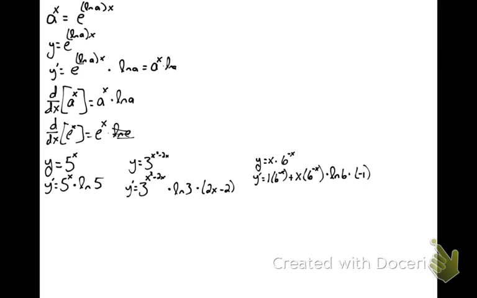And I'm going to keep the habit of factoring, just doing it automatically so that when it's necessary I don't even have to think about it. This is 6 to the negative x times 1 minus the natural log of 6 times x. So there we have the derivative of exponentials with different bases.